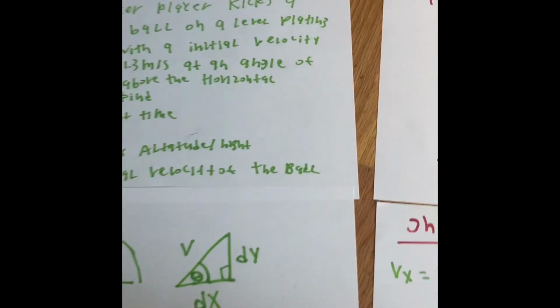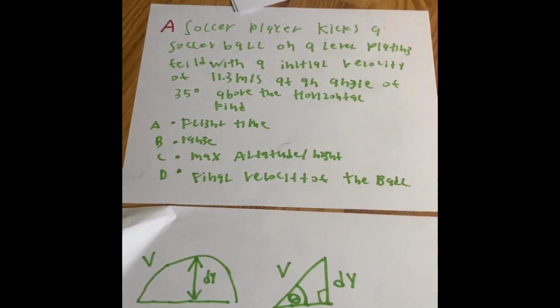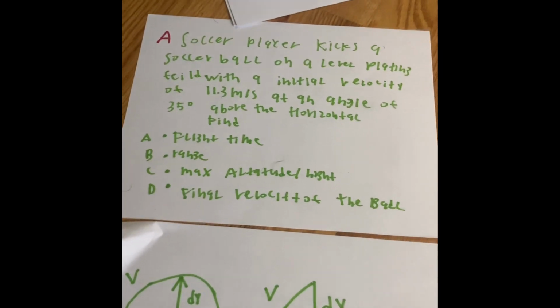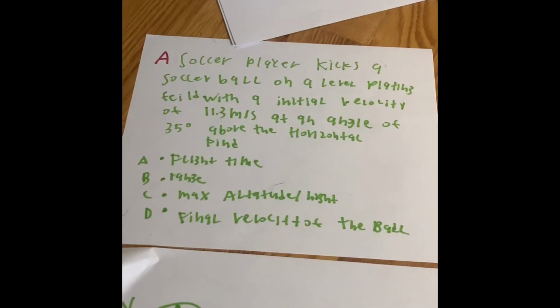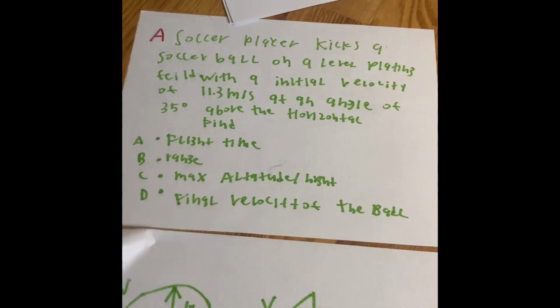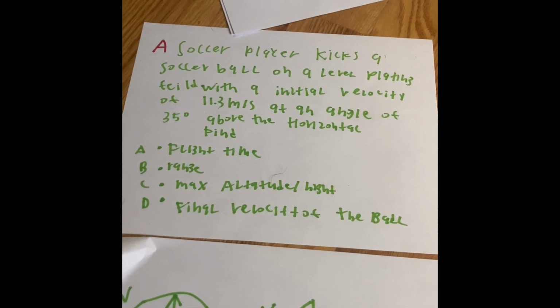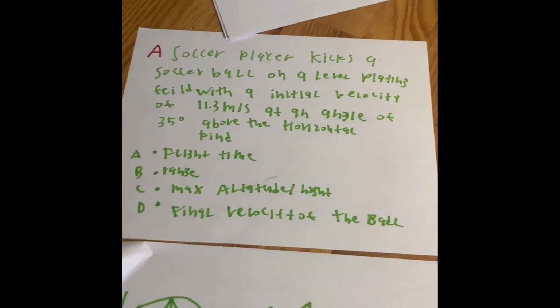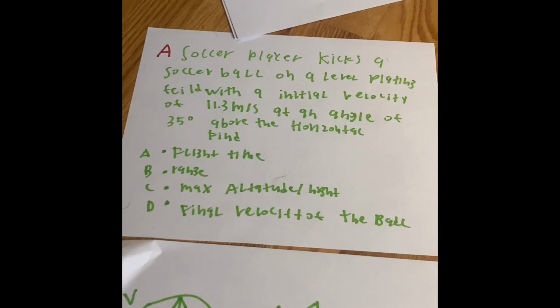Do you remember what we did last time? We did this problem about finding the different angles in the trajectory of a projectile. A soccer player kicks a soccer ball on a level playing field with an initial velocity of 11.3 meters per second at an angle of 35 degrees above the horizontal.